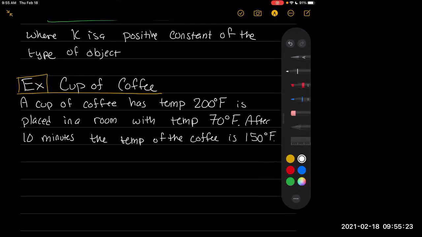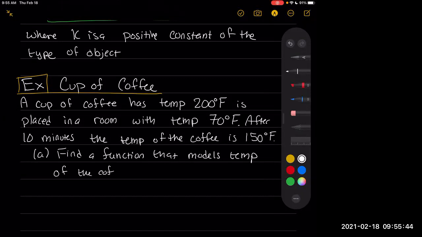So first, we're going to find a function that models the temperature of the coffee at time t, and then b, we're going to find the temperature after 15 minutes.